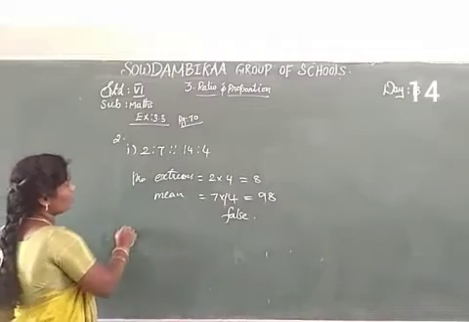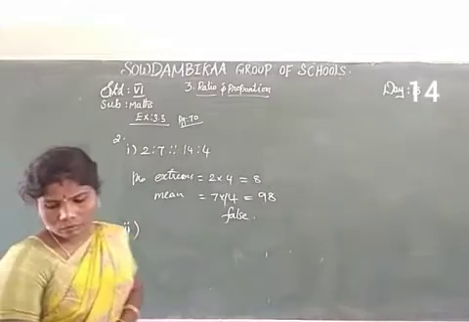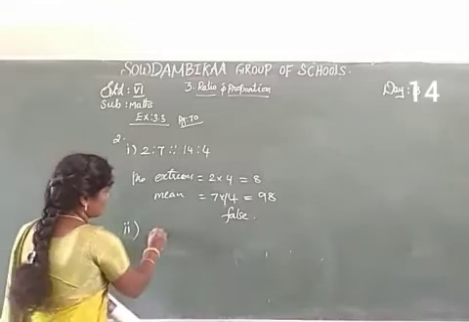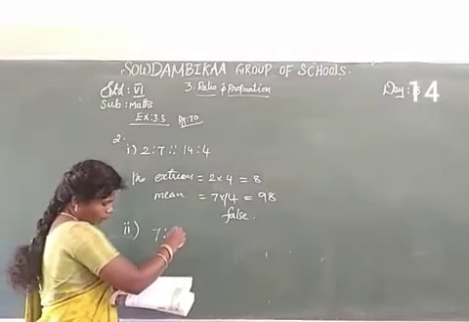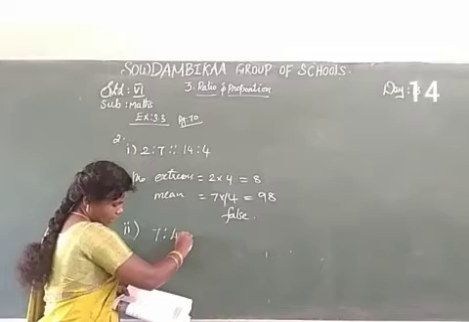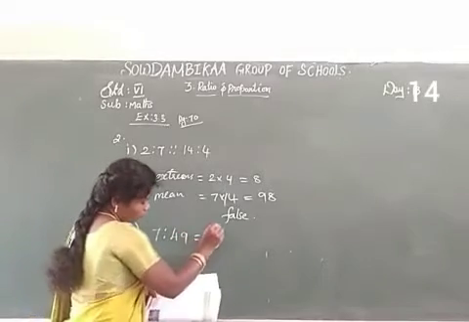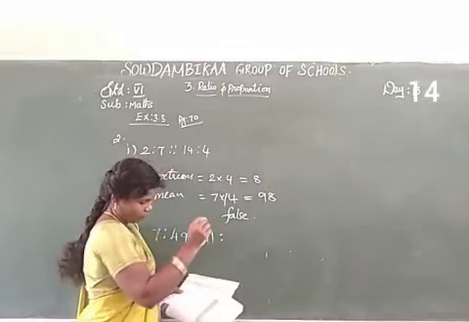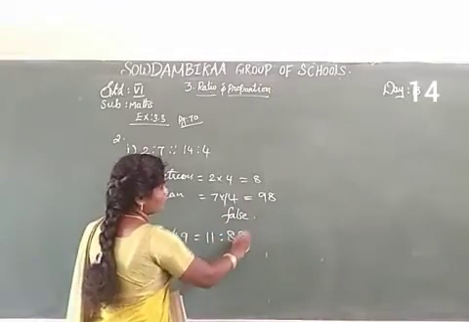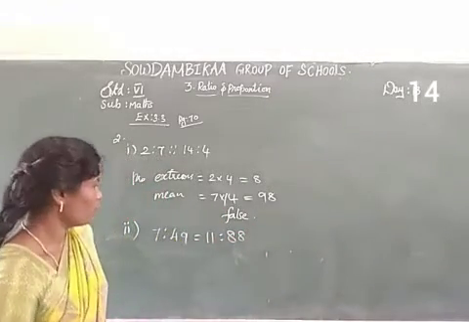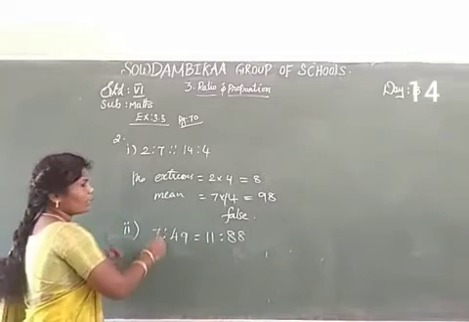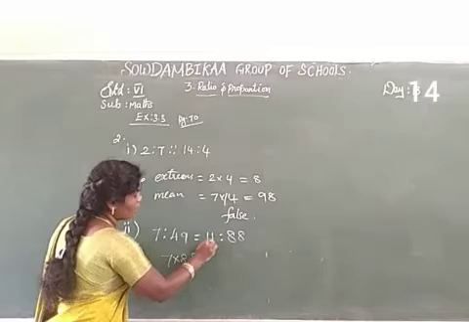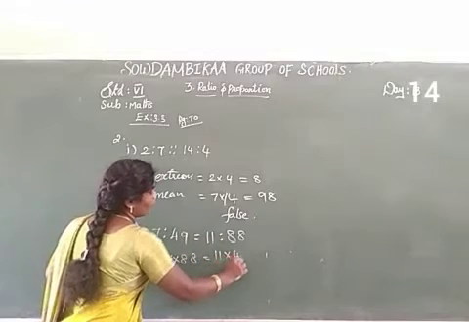The second one: 7 is to 49, 11 is to 88. Now the same, multiply the extremes: 7 into 88 and 11 into 49.